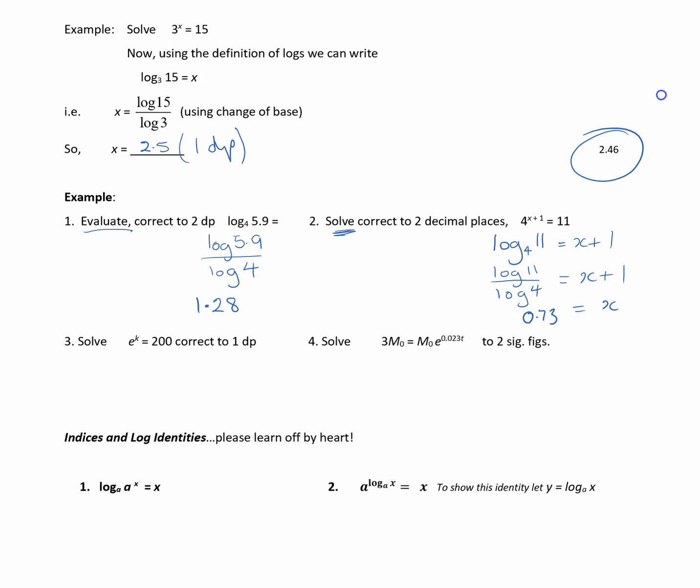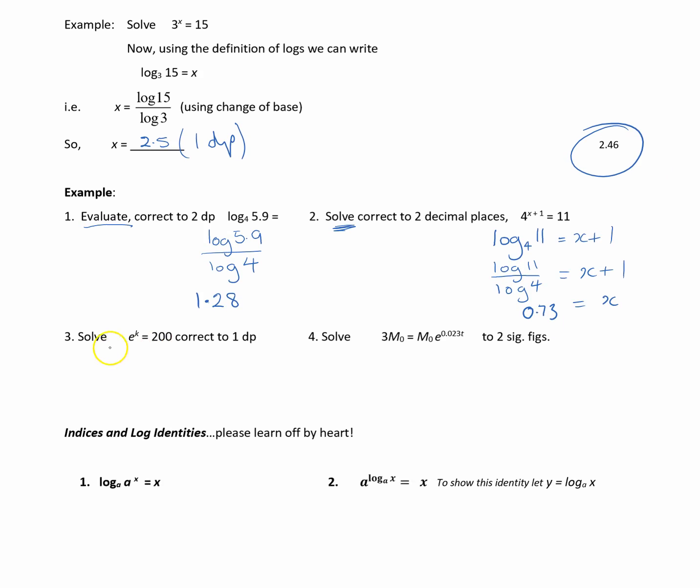And the next example is solve again, so find the value of the pronumeral. Now e is not a pronumeral, e is this number, 2.718 and so on. So we're not finding e, we're finding k, the power. To find the power, we can take the log to base e of 200, and that gives us k.